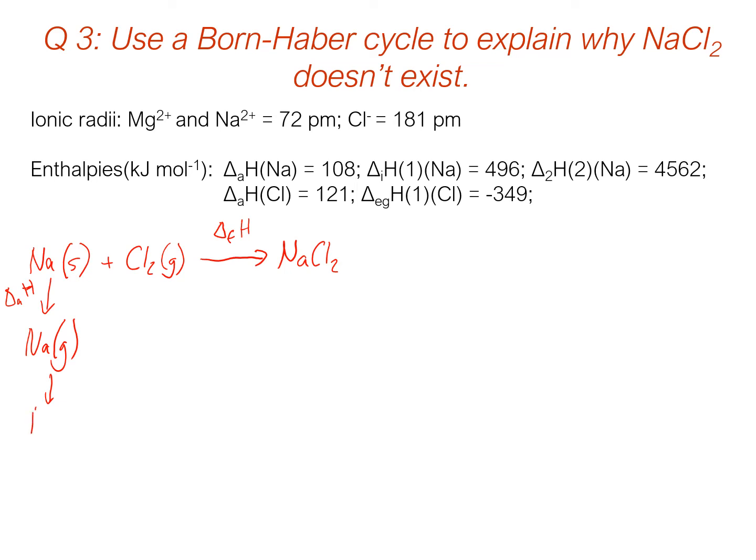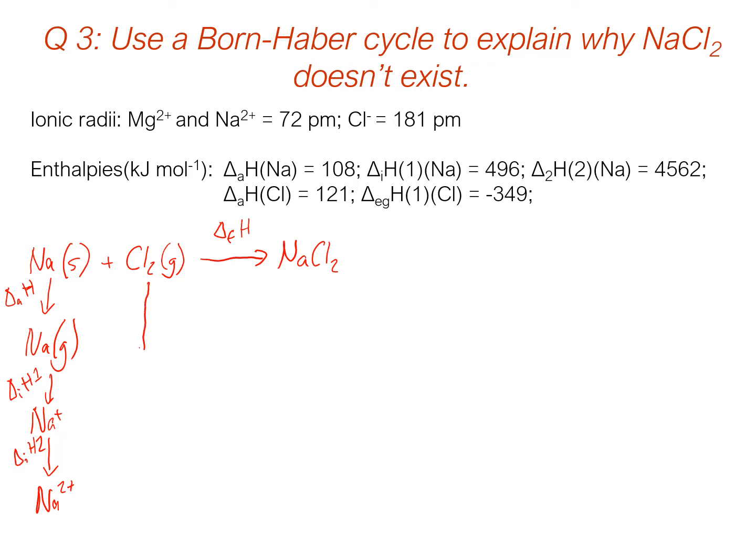So first goes to Na+ with the first ionization enthalpy, number 1, and then we add the second ionization enthalpy, number 2, to make it Na2+. Now this is going to react with Cl-, so there's one less step for this one.